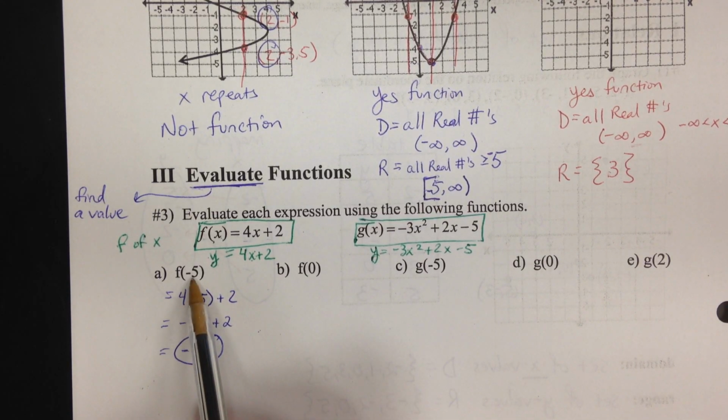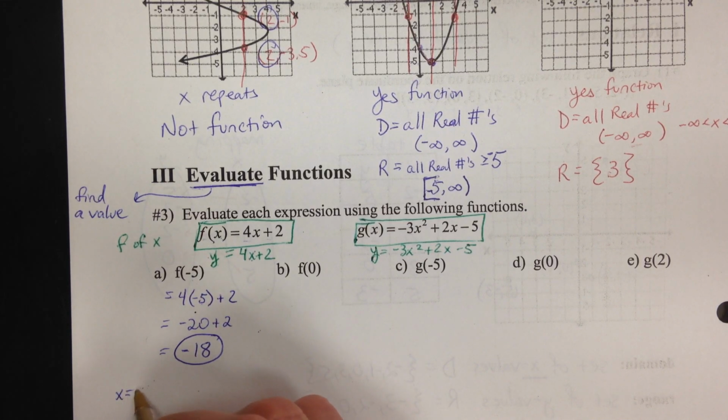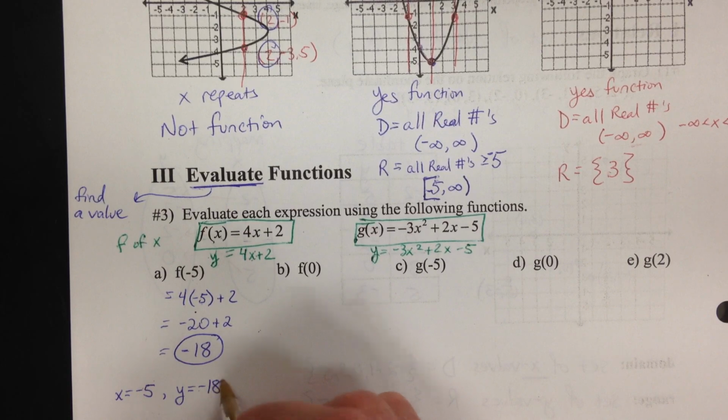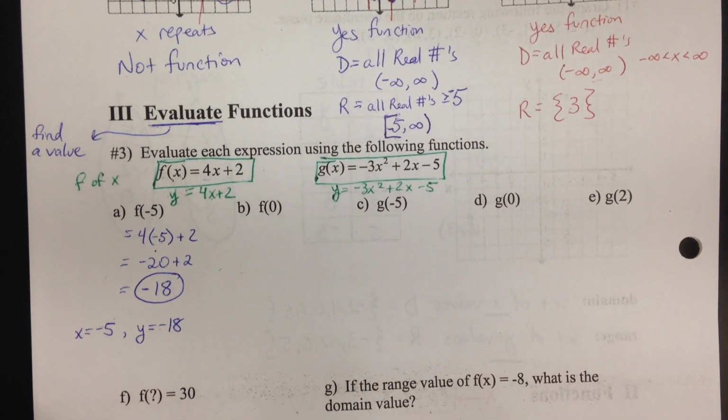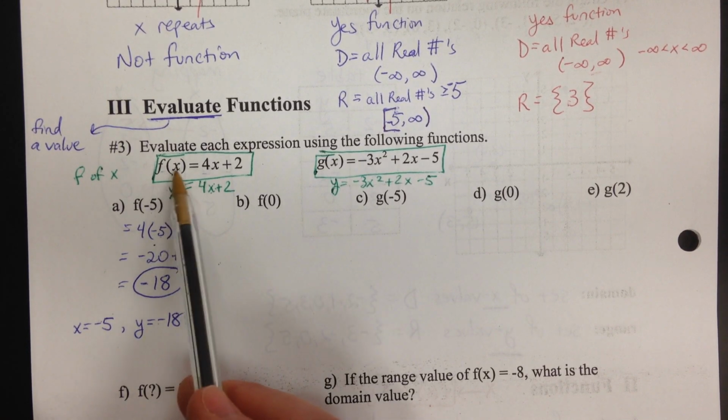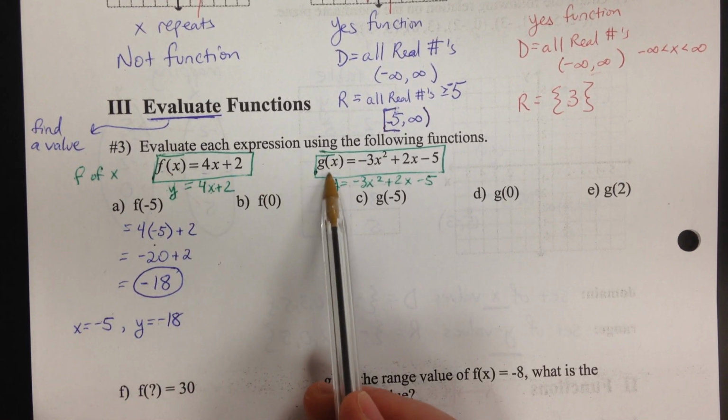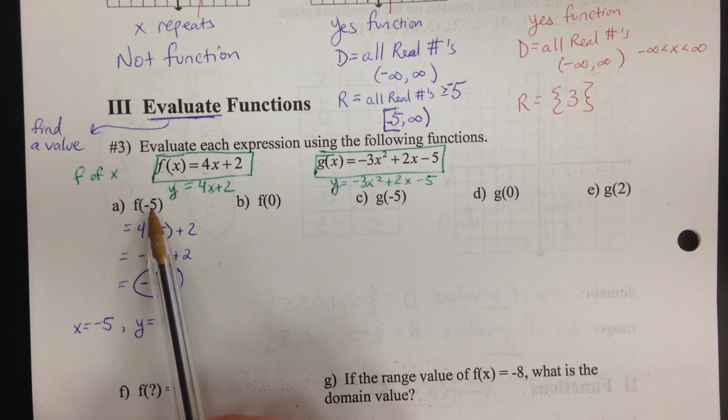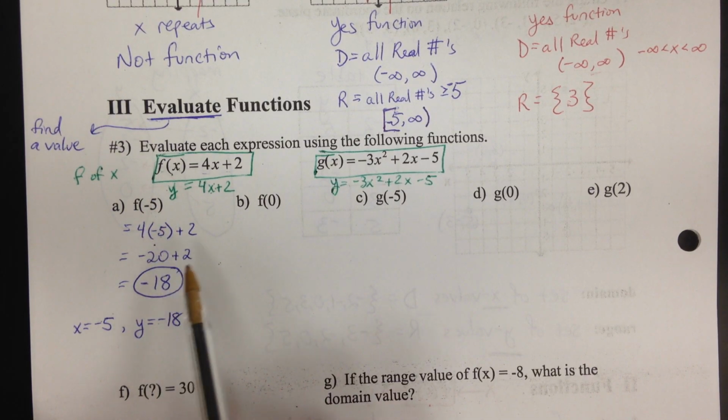So f of negative 5, when x equals negative 5, what we just found out was that y is equal to negative 18. That's it. That's all you're doing. It gets a little tricky with the symbols, f of x, g of x, but what they're telling you is here's the value, plug it in, and figure out what the y value is.